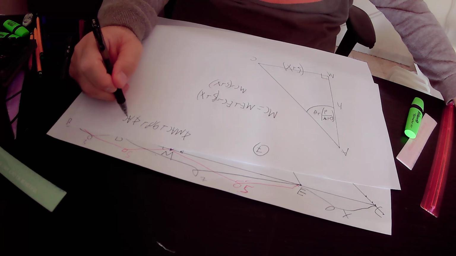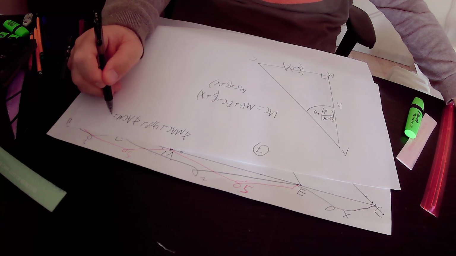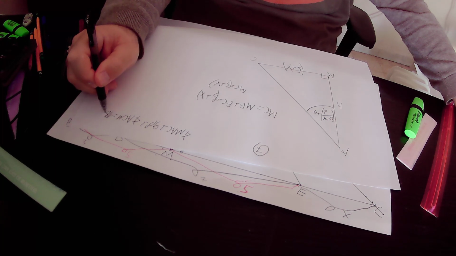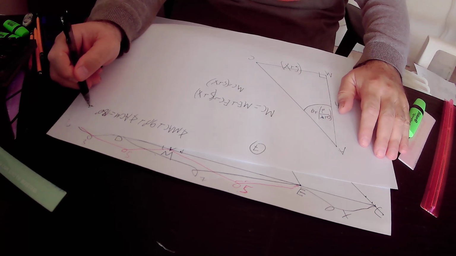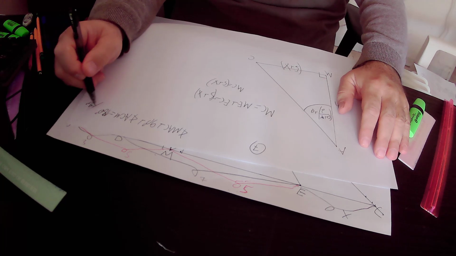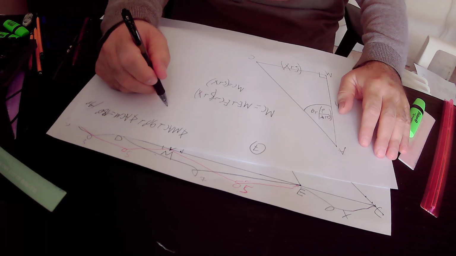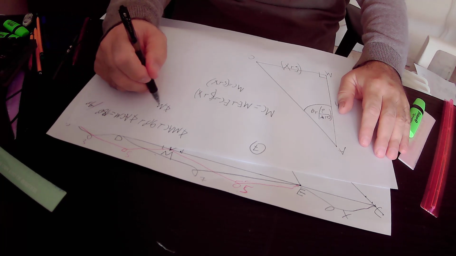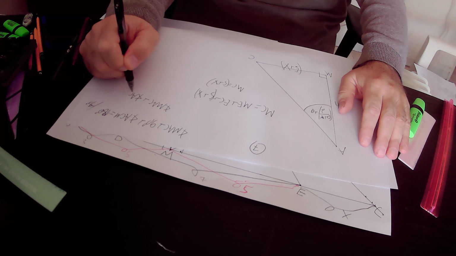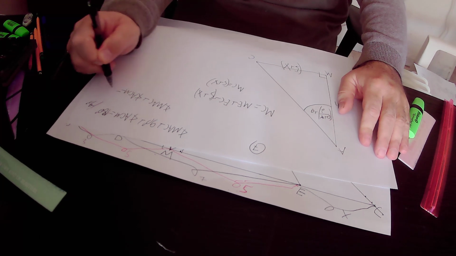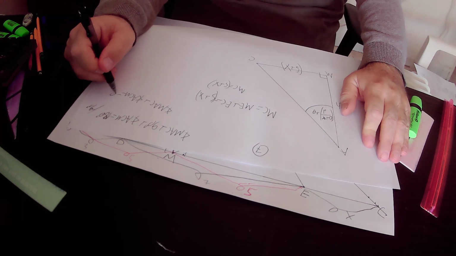In total the sum of those three angles must be equal to 180 degrees. Here we will subtract 90 degrees from this equation and we will get that angle MAC plus angle ACM is equal to 180 degrees minus 90 degrees, it is 90 degrees.